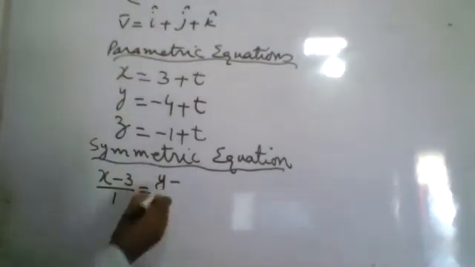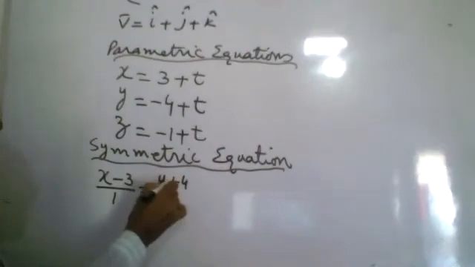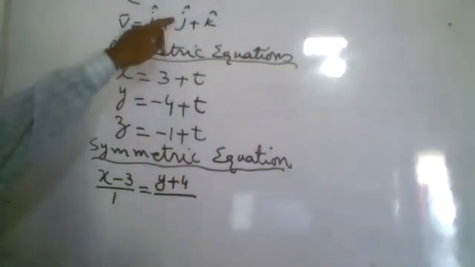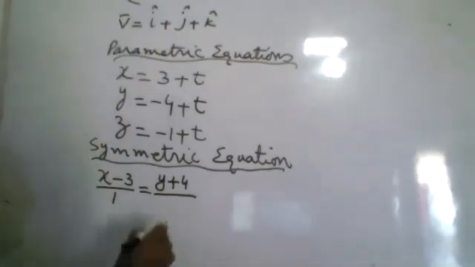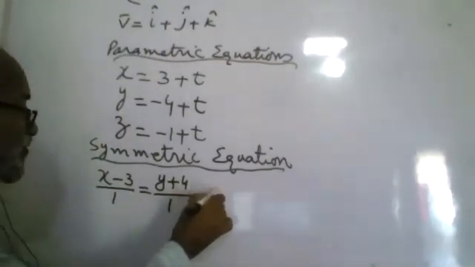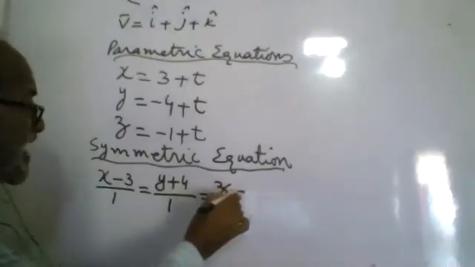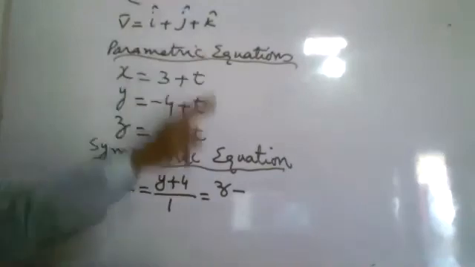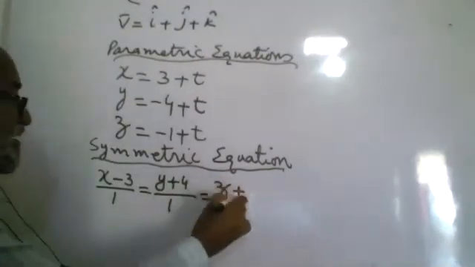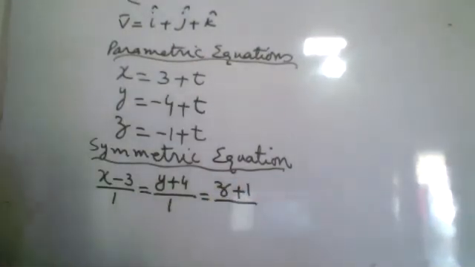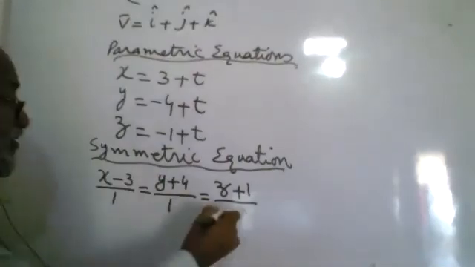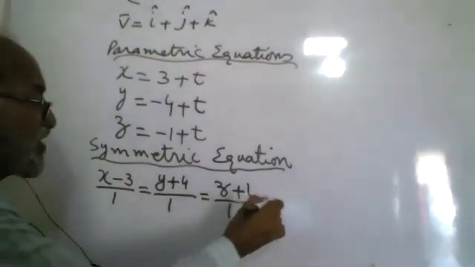Minus into minus will become plus 4, divided by the j component of the vector, 1, is equal to z minus the z coordinate of the point, minus 1, minus minus plus 1, upon the k component of the vector, 1. All are equal to t.